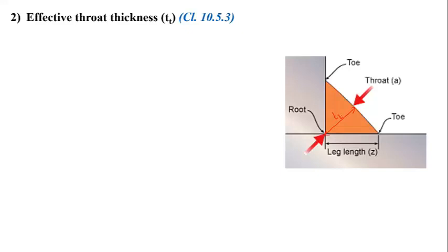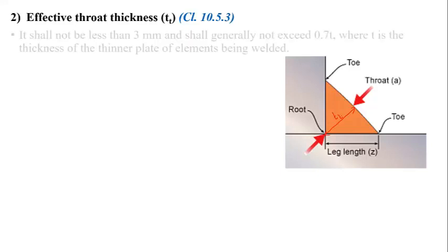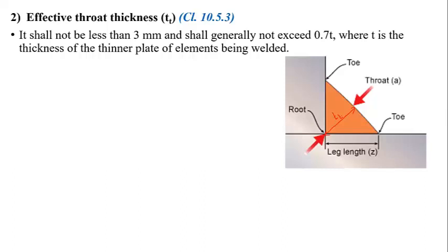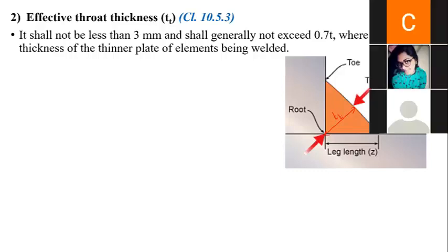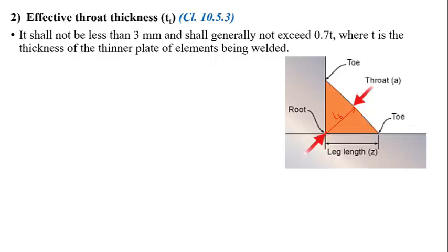Now, how much throat thickness should you provide for fillet welds? The condition is that it shall not be less than 3 mm and shall not generally exceed 0.7 times T, where T is the thickness of the thinner plate.